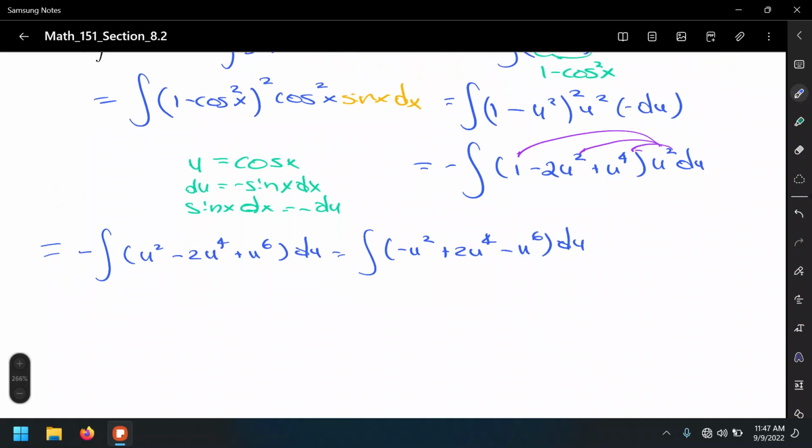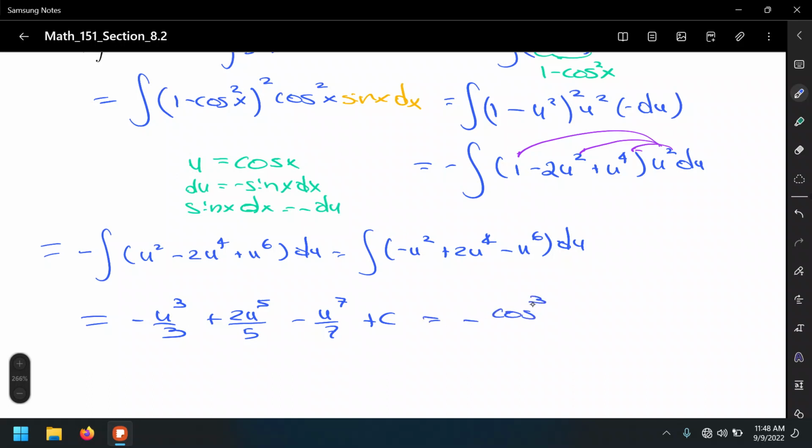And this reduces to just integrating a polynomial using the general power rule for every single term, right? Nothing crazy. So that's negative u cubed over 3 plus 2u to the fifth over 5 minus u to the 7 over 7 plus c. We're done with the calculus. The last step right here is to do the back substitution for what we declared for u, which in this case is cosine.